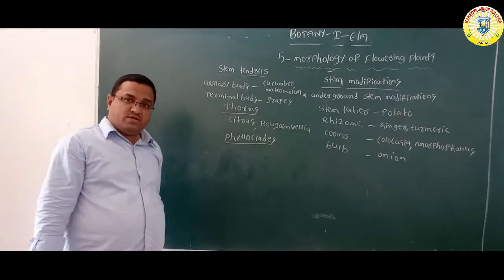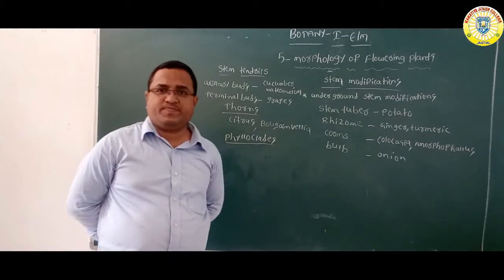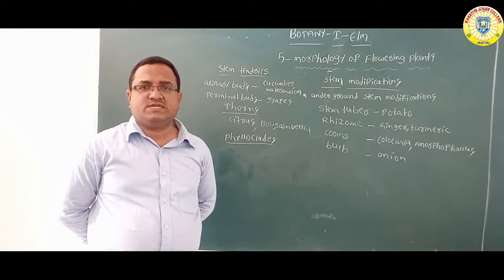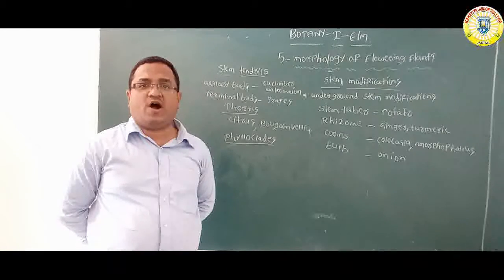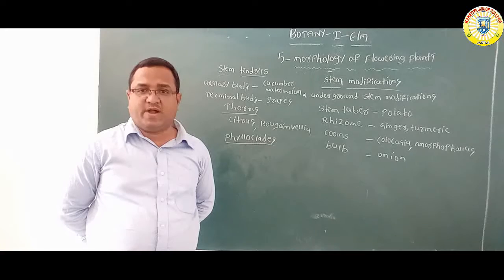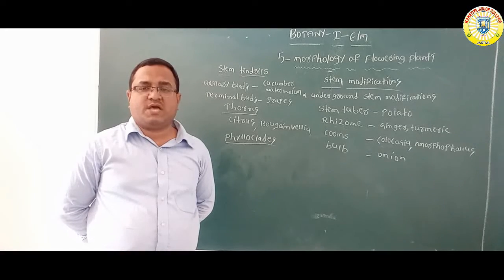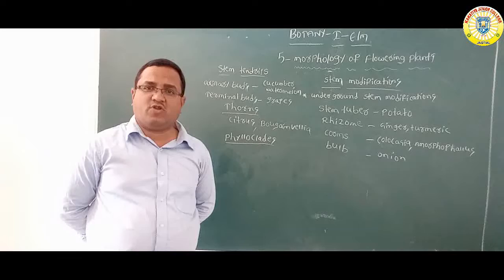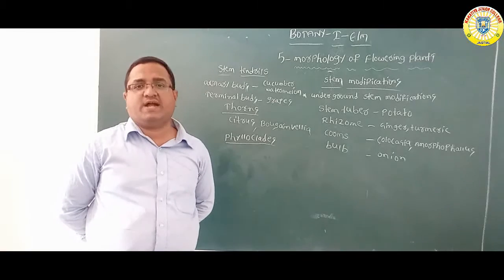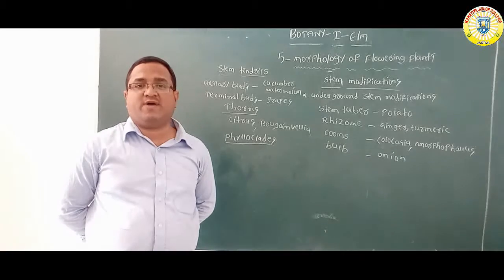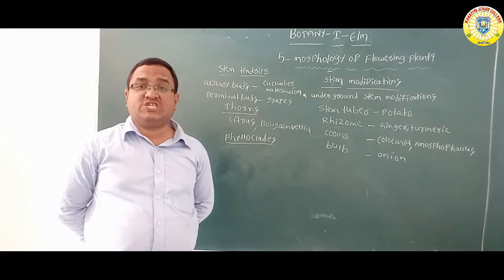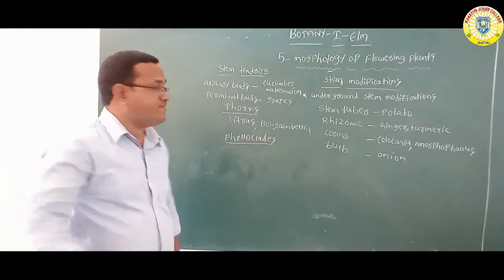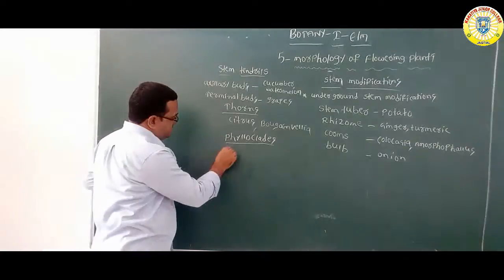Phyllocades: in some plants, especially succulent plants and desert plants, the stems are modified as fleshy, flattened structures.